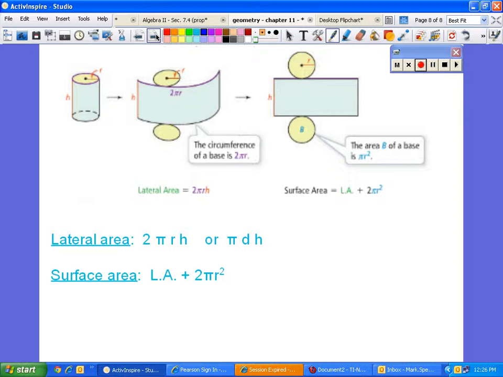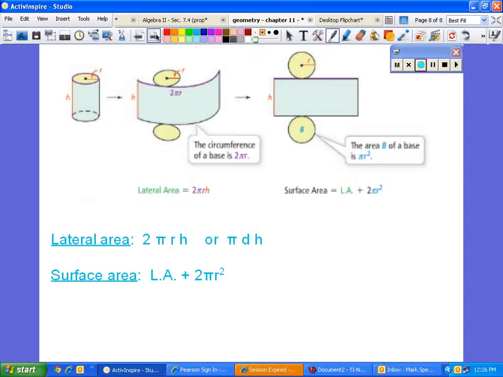The surface area is again the same. What's the formula for the area of a circle? Not 2 pi r squared. Pi r squared. One circle. The area of a circle is pi r squared. You're looking up here because why are we multiplying by 2?